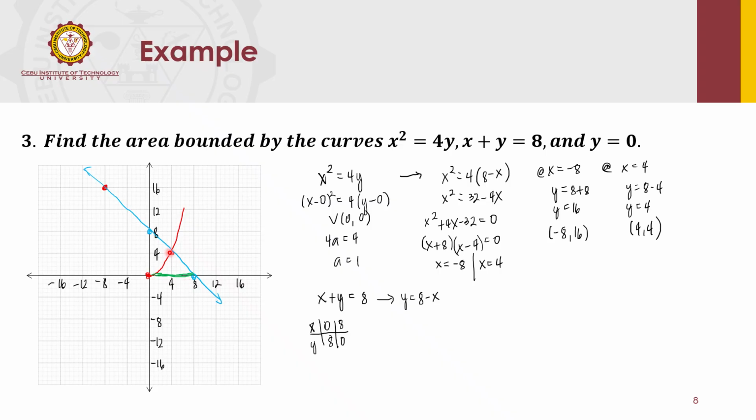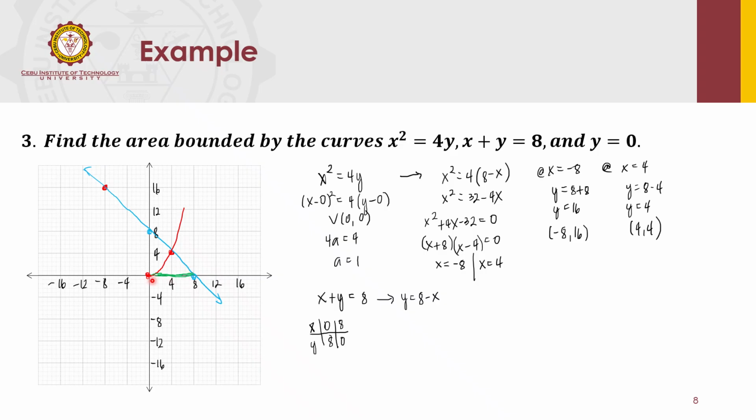So we have three curves, red, blue, and green. What type of strip should we use? If we use vertical, it's going to be red and green, but on this part it will be blue and green. So we need two solutions, two areas, and then just add them after to get the total area. If you use a horizontal strip, it's blue and red, blue and red, blue and red, so it's consistent for the right and the left curves.